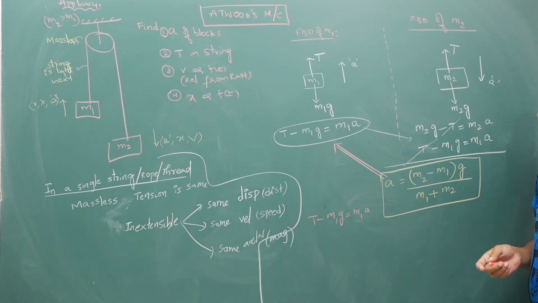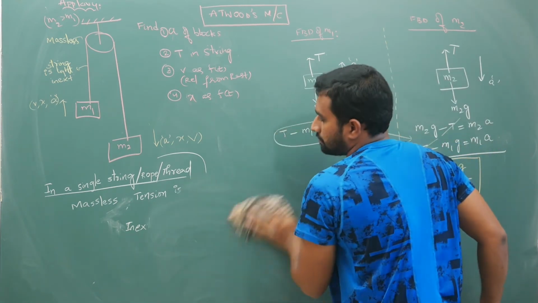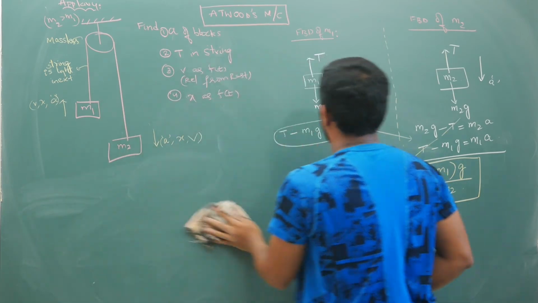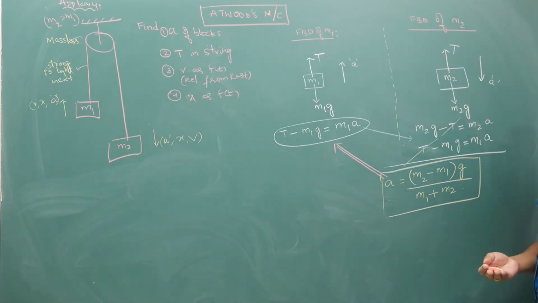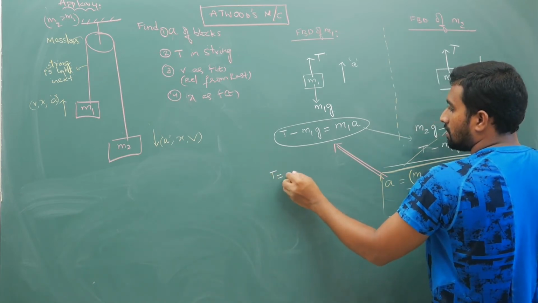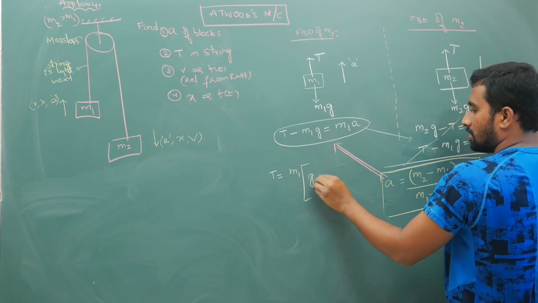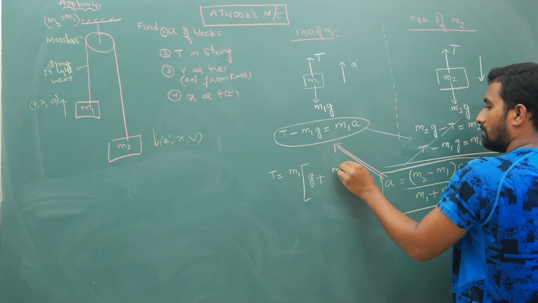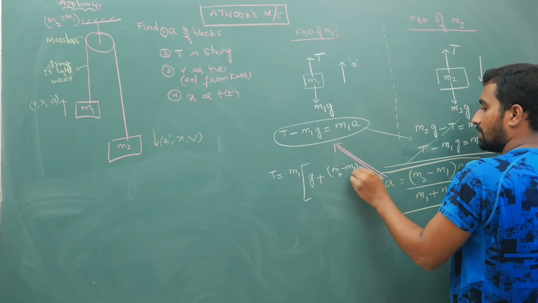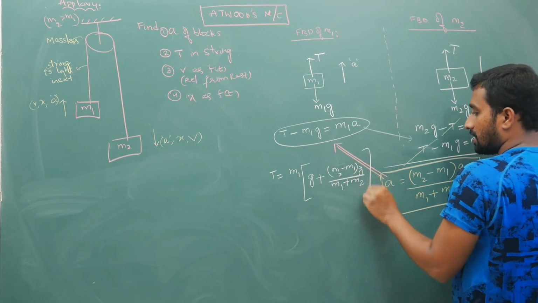I need space. I don't know whether it is actually visible or not. I will erase this part. So now if I do so, I will directly substitute it. T is equal to m1 times g plus A, that is m2 minus m1 into g by m1 plus m2. I have written this step directly.